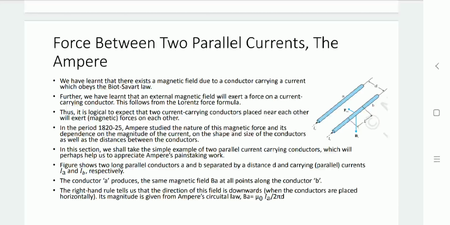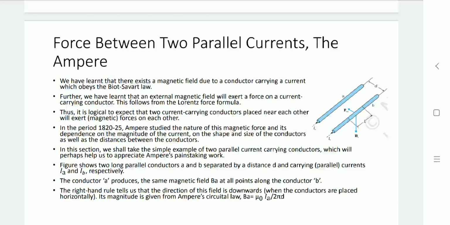For example, conductor A carrying a current IA and conductor B carrying the current IB. Now, using the right hand rule, the magnetic field is generated. That field is on the downward side when the conductors are placed horizontally. Its magnitude for conductor A is mu 0 Ia upon 2 pi d.